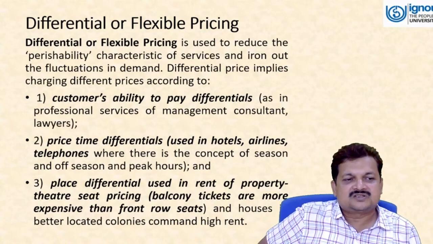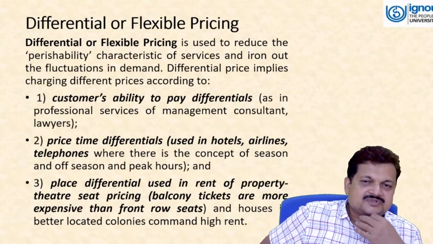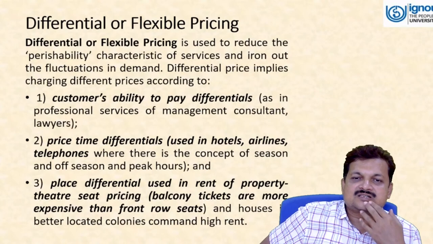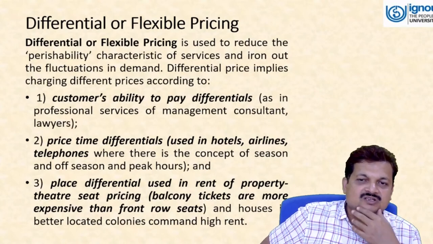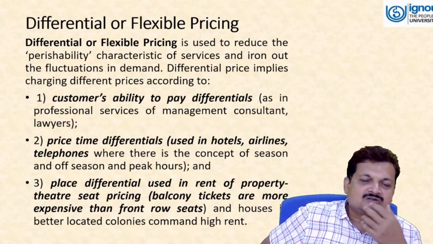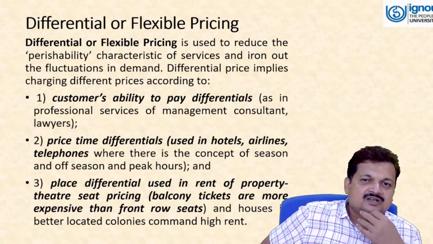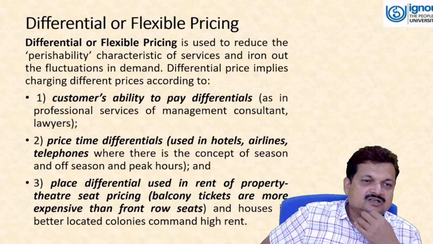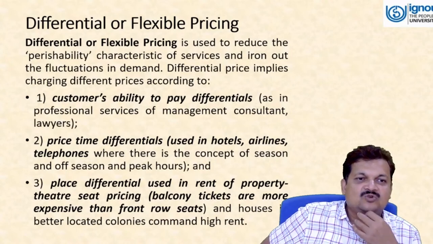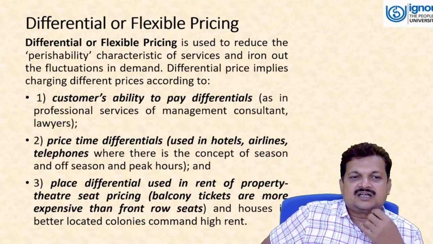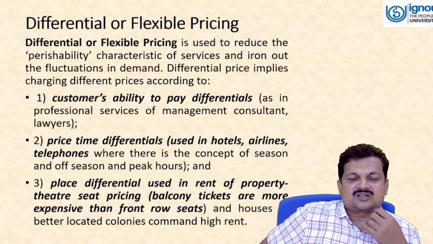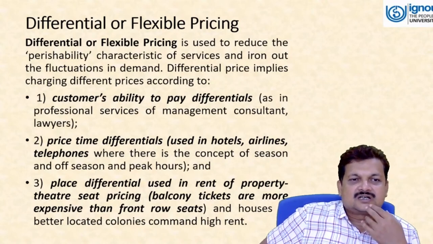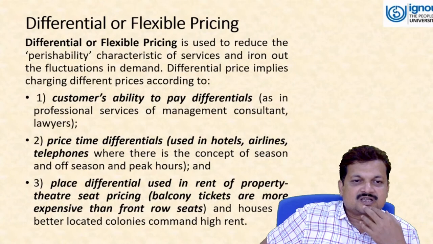So there is season and off season. In the off season, if you are booking hotels, the price is low. Likewise for booking airlines in the off season. Even within the 7 days, you will find that on Saturday and Sunday the hotel price and airline price are higher than on other days. So weekend prices are definitely higher. In the case of telephones, earlier this was happening, with peak hours and other hours, but nowadays there are not many differences.